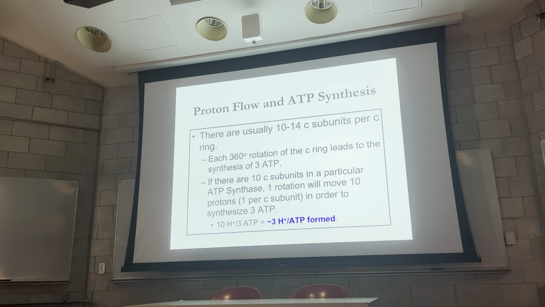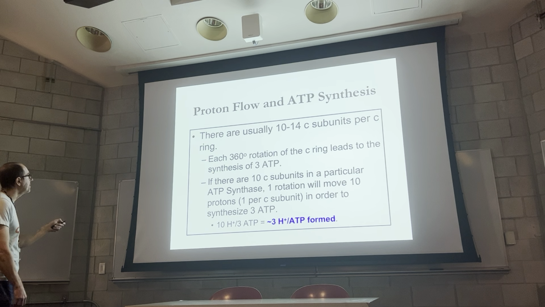All right. So now we're finally ready to start doing some calculations. What are we getting out of all this in terms of the ATP yield? I told you already that when you look at ATP synthases across life, you're going to find anywhere between 10 to 14 C subunits per C ring.